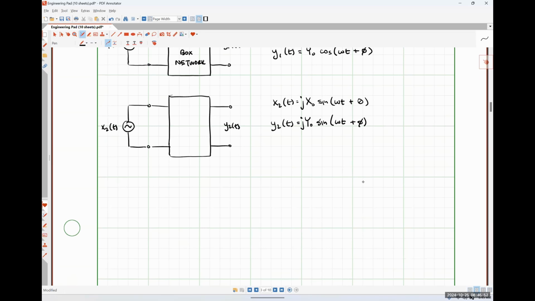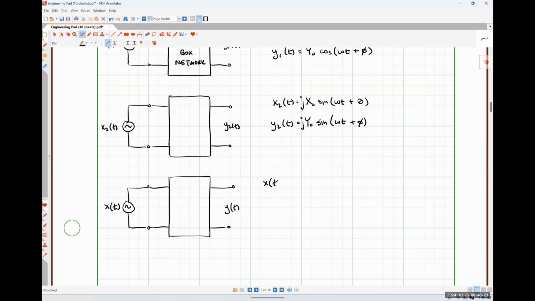So lastly, let's take our same black box linear network and excite it with a combination of those signals. So this will be x of t at our input. This will be y of t at our output.